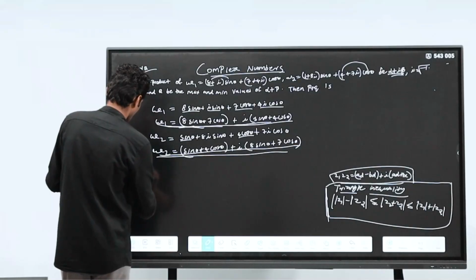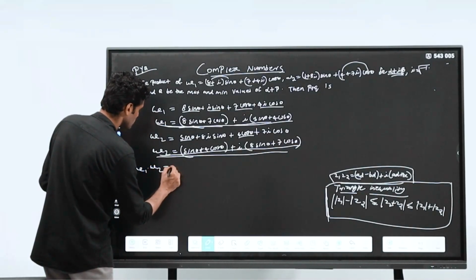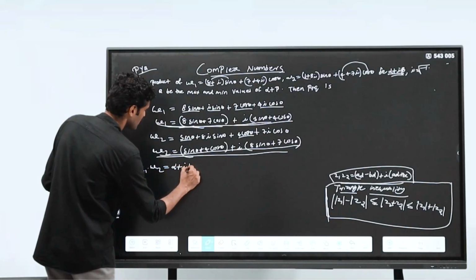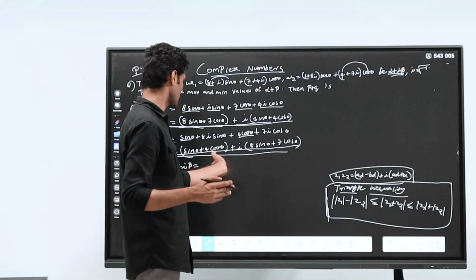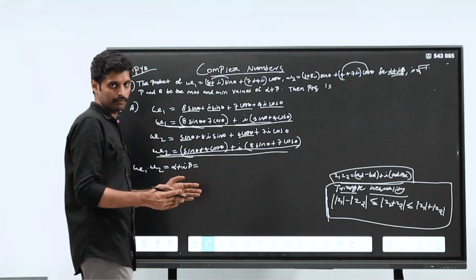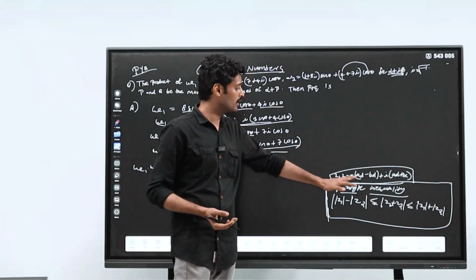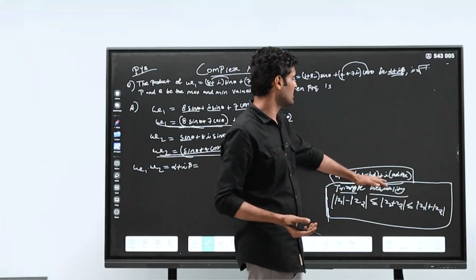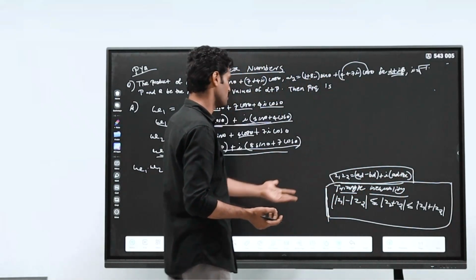So omega 1 multiplied by omega 2 equal to alpha plus i beta. We are going to multiply two complex numbers. For multiplication, we know that z1 z2 equals AC minus BD plus i into AD plus BC. This is the formula for complex number multiplication.